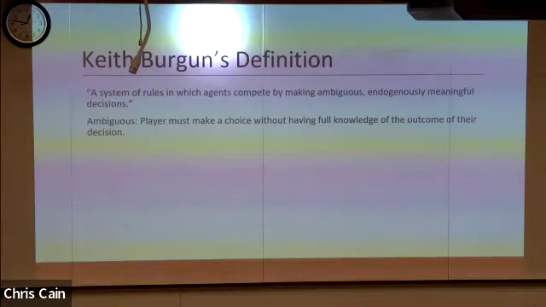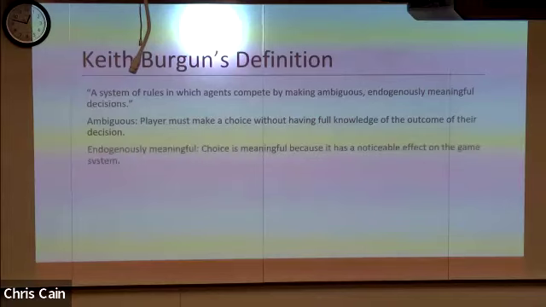What is the game going to do about this decision that I've made? It's fun to have a little bit of uncertainty in that. And endogenously meaningful means the choice has a noticeable effect on the system itself. You don't want to make a painstaking decision just to realize it has no effect whatsoever on the actual game.